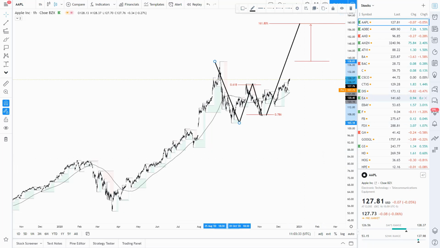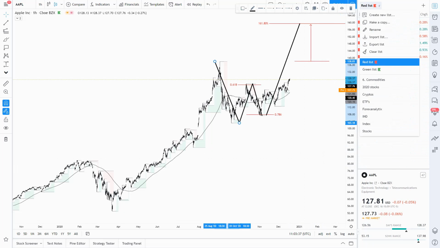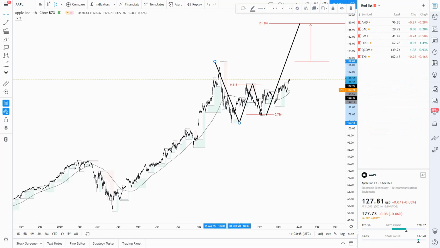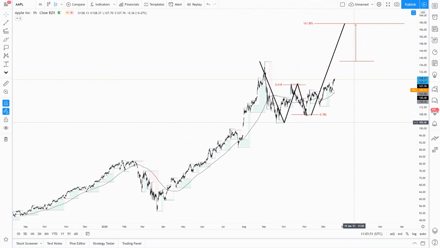So basically I will cover my red list and my green list with a few stocks. Obviously my objective is to try to offer you kind of a methodology that we can use to identify and to project those patterns and try to share with you some of those ratios and some of those variables.